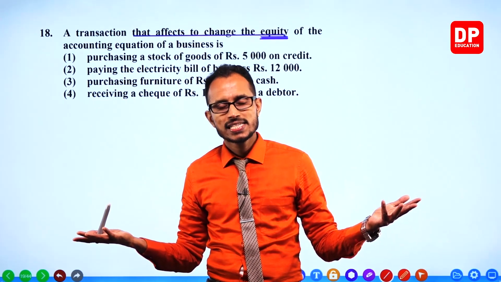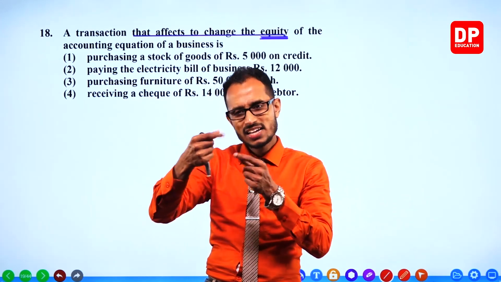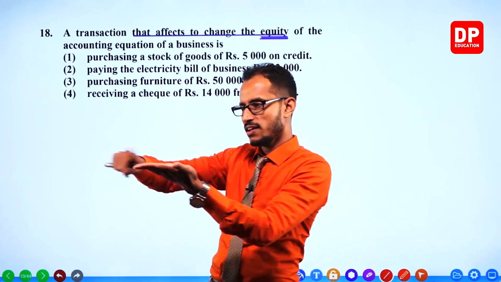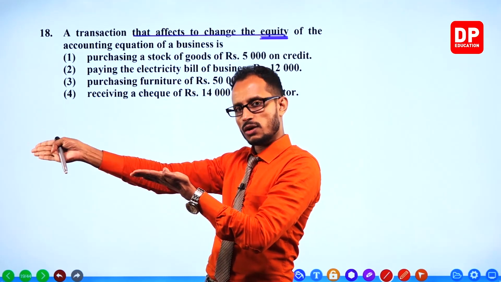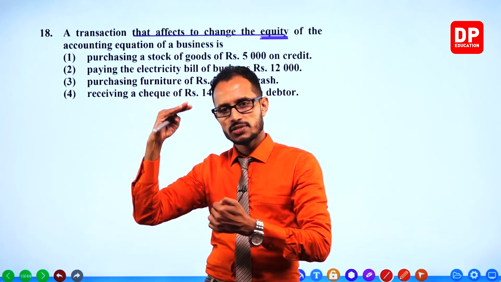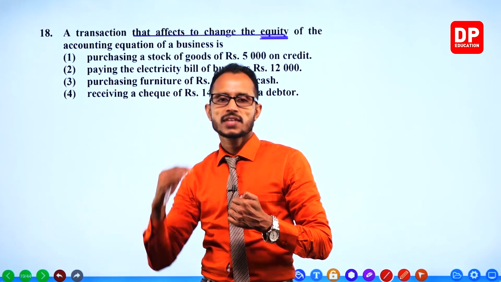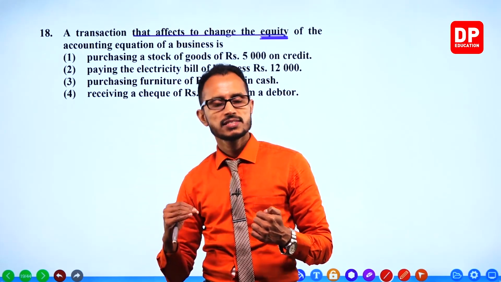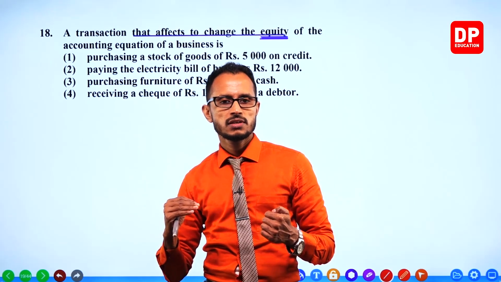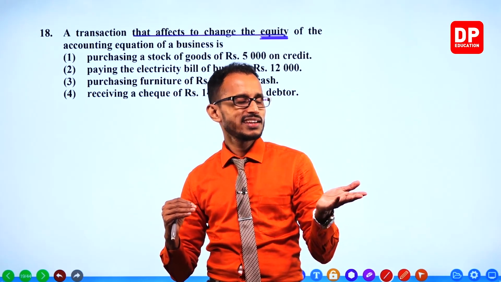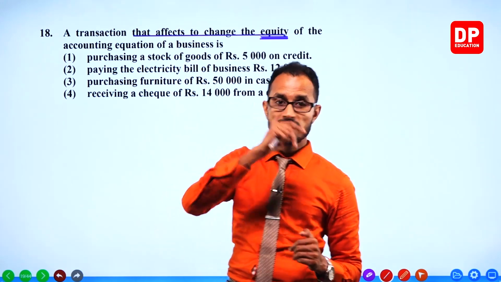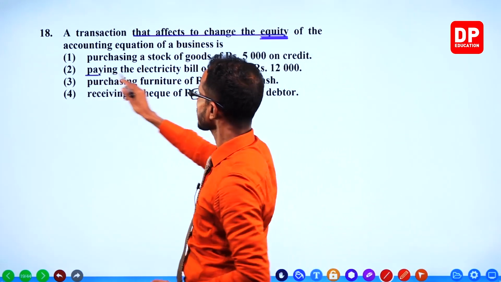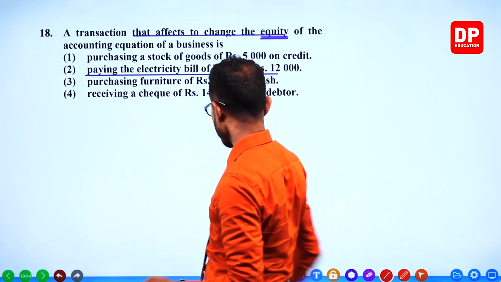Electricity bill is an expense. So cash is paid, cash goes out, cash decreases. Cash decreases means asset decreases. At the same time, there's no change in liability, but equity decreases. That affects equity. Paying the electricity bill, 12,000.